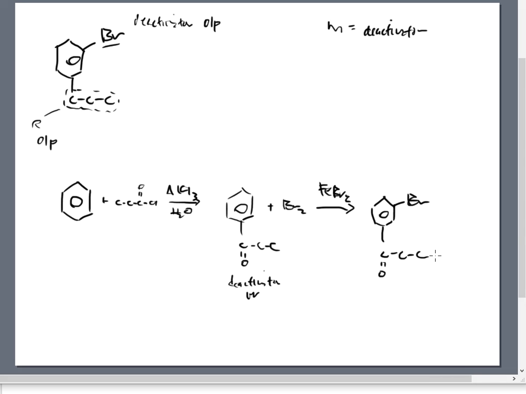I'm not quite done, though, because look, I've got the C double bond O hanging off of the ring, and I need to convert that to a 3-carbon chain. I need to destroy the double bond characteristic. Do you remember how we did it? Well, if you said add just H2 and palladium or platinum, some type of Lindlar, it doesn't really matter how you write it, just H2 it, we're going to hydrogenate it. That will take my benzene ring with my Br, and now my 3-carbon chain is in place.